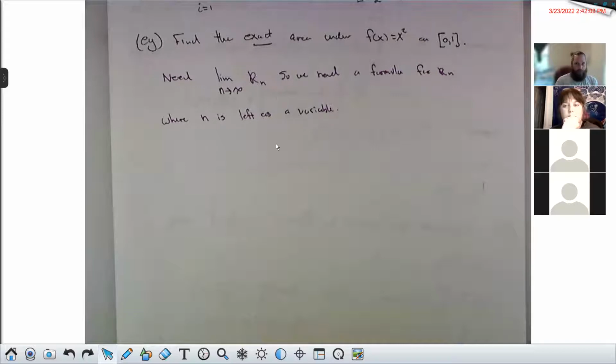Right? If I give you a specific number for n, then you just plug everything in. It's a finite sum, you can write it out and give me the number. If I don't give you a specific number for n, then you need to leave n as a variable and find a nice formula for it. And that's considerably trickier. Now remember what I said, your first step, any Riemann sum problem, calculate delta x.